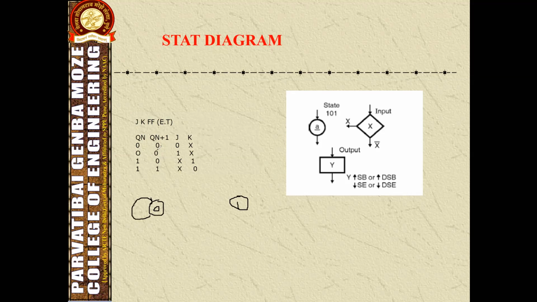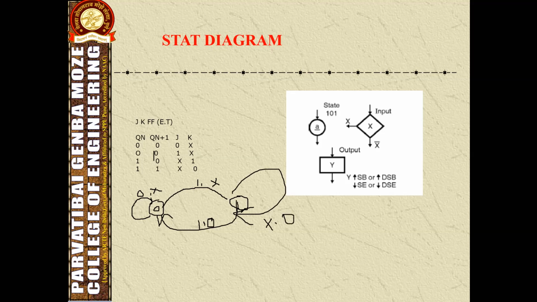For state 0 to 0, J should be 0 and K is undetermined. And for the next, 0 to 1, J should be 1 and K is undetermined. And for state 1 to 0, the 1 0 combination should be the input, and for state 1 to 1, this is the combination of input we have to provide. So this is the state diagram of the JK flip-flop.